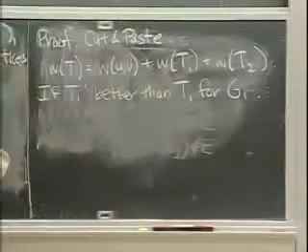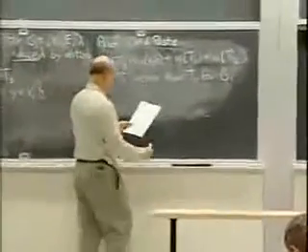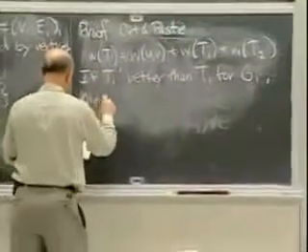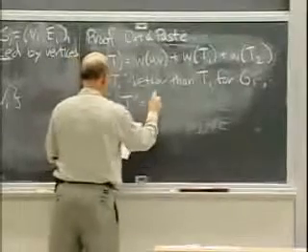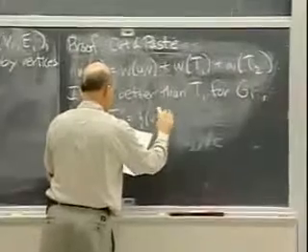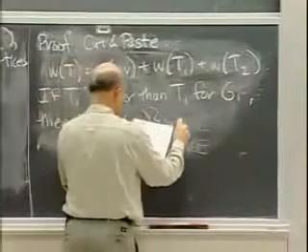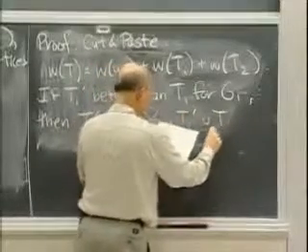Suppose I had some better way of forming a spanning tree. Then I would make up a T prime, which would contain the edge UV, and T1 prime union T2.